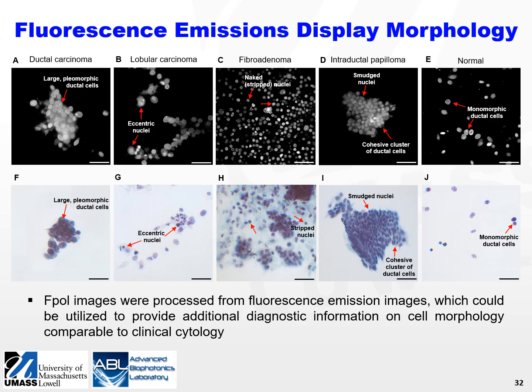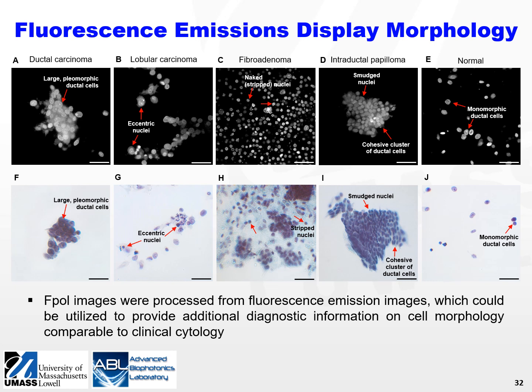The fluorescence polarization images were processed from fluorescence emission images, which can be utilized to provide additional diagnostic information on cell morphology. On this slide, the top row shows representative methylene blue fluorescence emission images that correspond to fluorescence polarization images that we saw 2 slides ago.